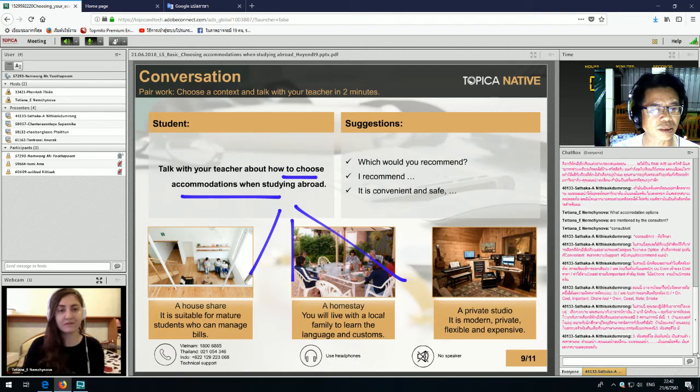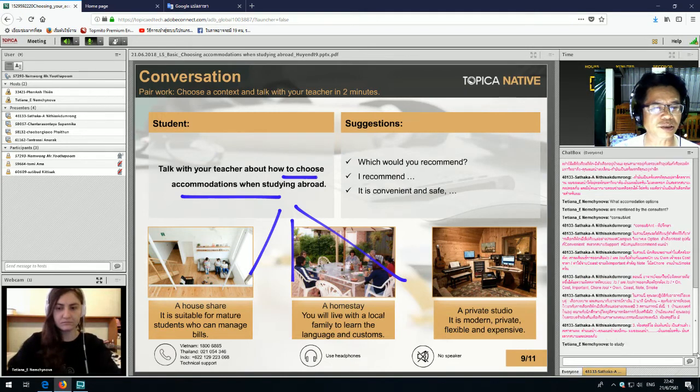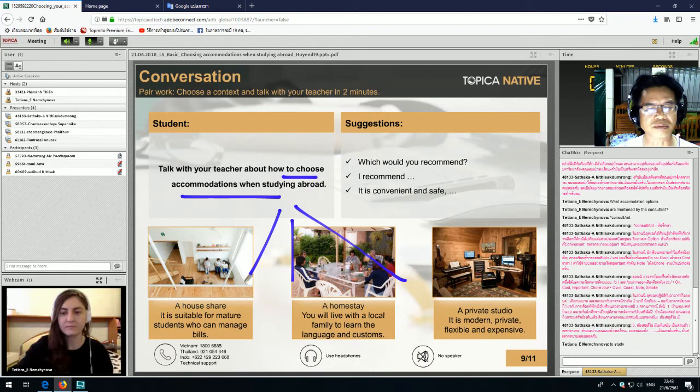A campus because it's convenient for you to study in university, and it's suitable for you to live with other people in campus, and you can learn and get along with them.